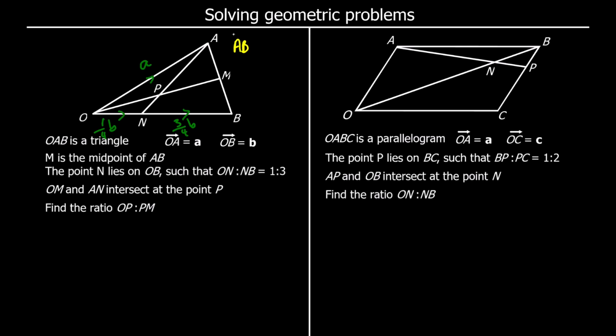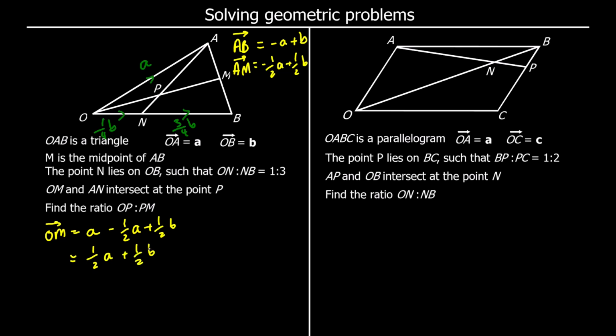So A to B is minus A plus B. A to M is half of that journey, so minus a half A plus a half B. And then I can go from O to M. O to M is O to A, which is A, and then A to M, which is minus a half A plus a half B. So 1A take away half of an A is half of an A. So O to M is half A plus half B.